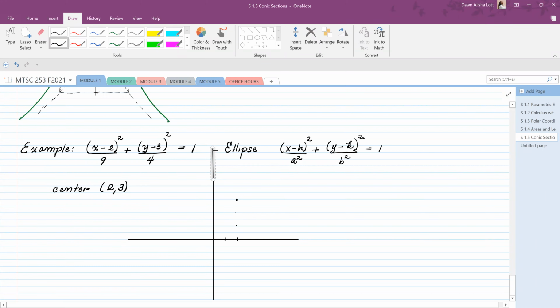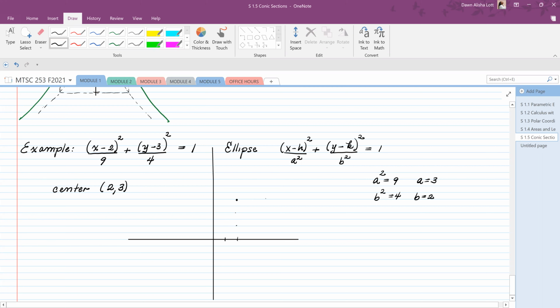And so A squared is 9, so A is 3. B squared is 4, so B is 2. So I need to go in the X direction, over 3 units.